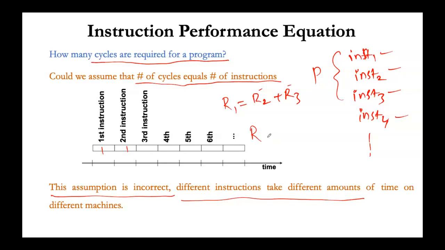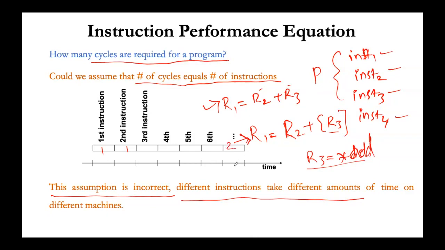But when you talk about the memory instruction, R1 equals R2 plus [R3] in square brackets, it means that before executing this instruction completely, it first goes and fetches the value at R3, where R3 holds the address of an operand. So first this operation is executed, then the result is given, then this operation. So one instruction may complete in one cycle, and this instruction may complete in two cycles.